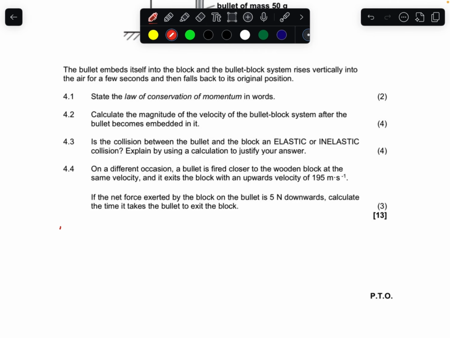Do we have the initial velocity of the bullet? Okay, let me write them here. The initial velocity of the bullet, I'll say bull for the bullet, it's 200 meters per second, right? And the initial velocity of the block is 0 because the block was stationary.